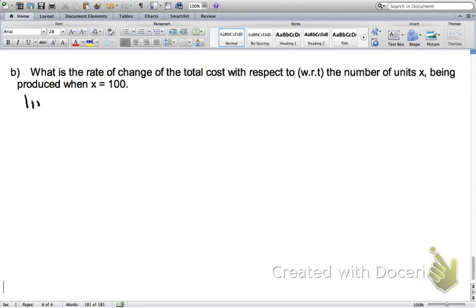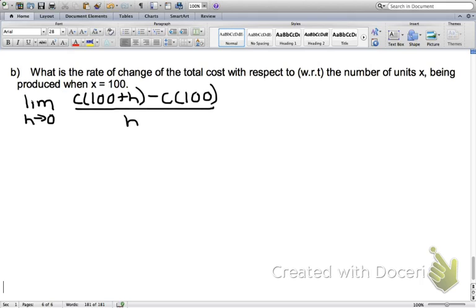So we can begin by looking at the limit as h approaches 0 of C(100 + h) − C(100), because C was our given equation, all over our h value.